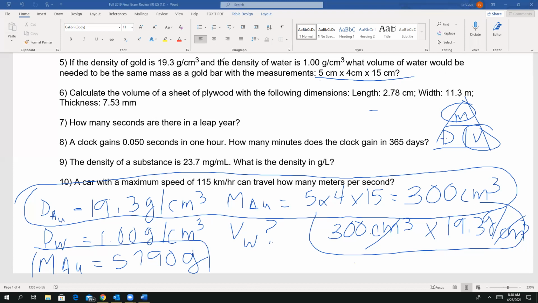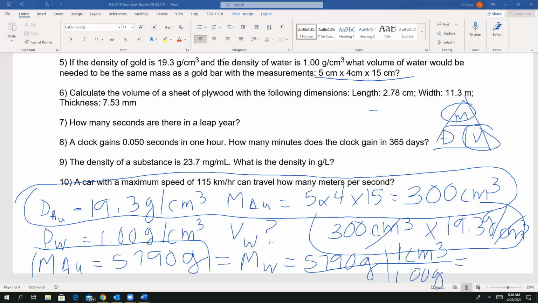since the mass of water would be equal to the volume of water, so we can say, right? The mass of water would be equal to 5,790 grams. And then we have that 1 gram goes on the bottom for 1 cubic centimeter, see?